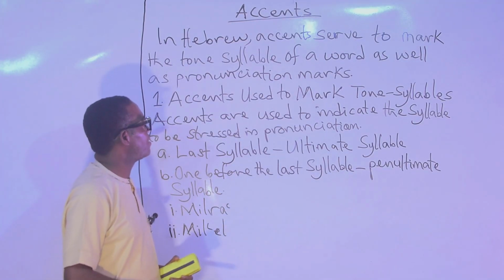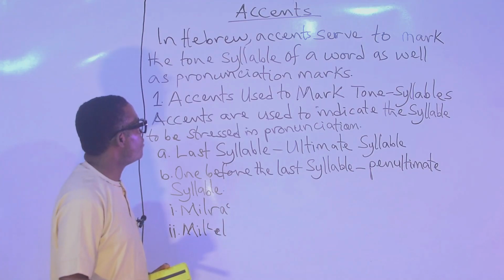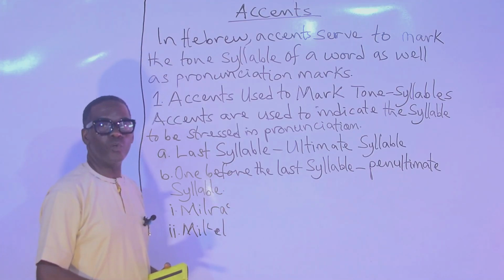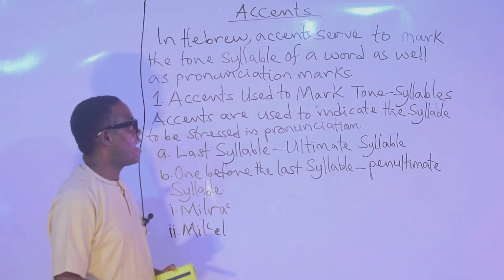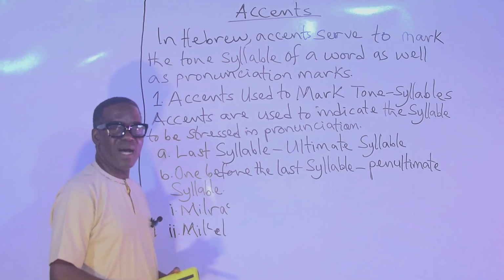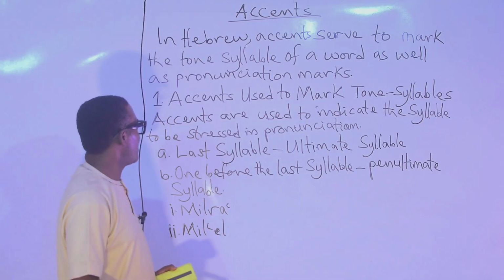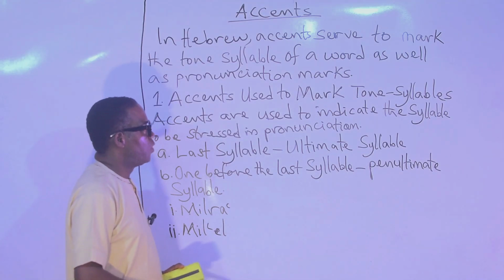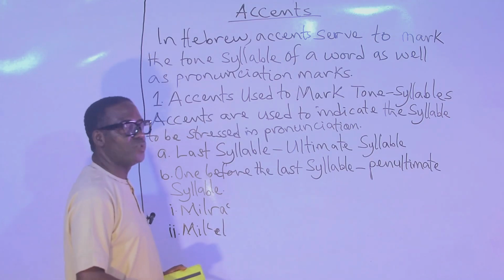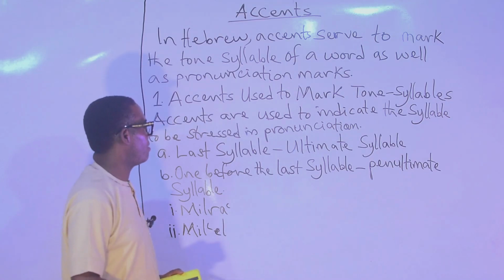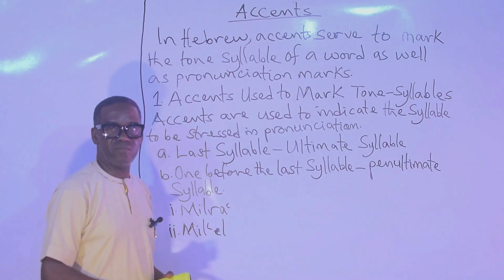Let's look at the first one. Accents used to mark tone syllables. Accents are used to indicate the syllable to be stressed in pronunciation.